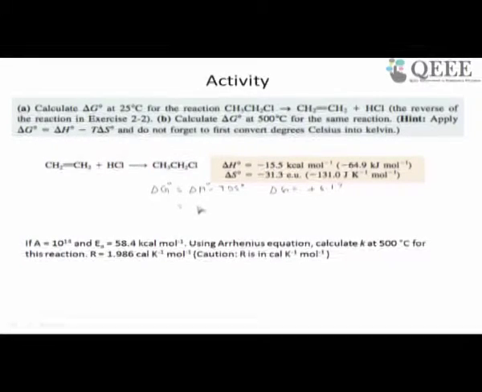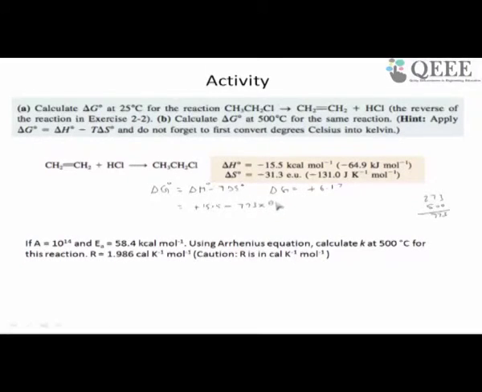Here it becomes plus 15.5, and the temperature is 500 degrees, so 273 plus 500, that is 773, into delta S, which is minus 31.3.